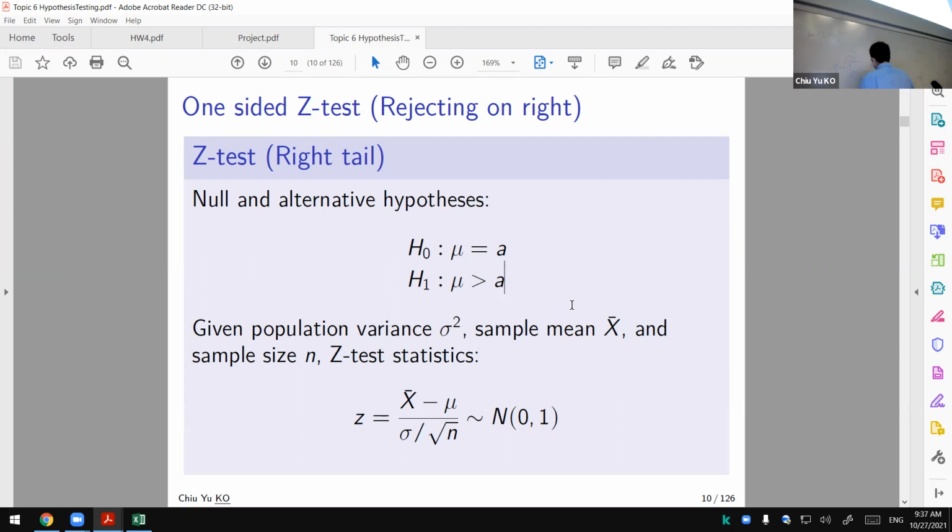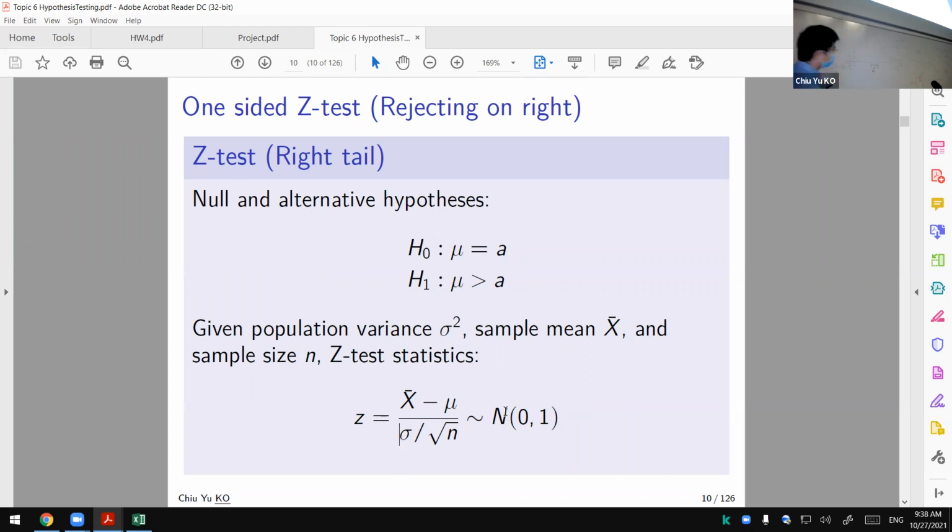If you claim mu is A and assume A is true, then x bar minus mu, which is A here, over sigma over root n will be a standard normal.